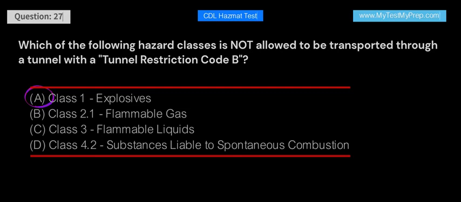Answer: A. Class 1 explosives are not allowed to be transported through a tunnel with a tunnel restriction code B. Tunnel restriction codes help ensure that hazardous materials with certain risks are not transported through confined spaces like tunnels, where incidents can have severe consequences.